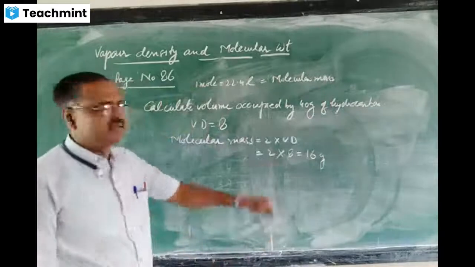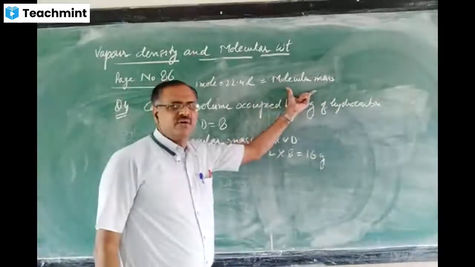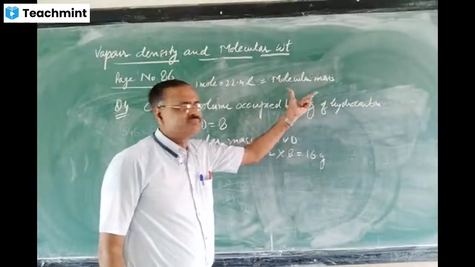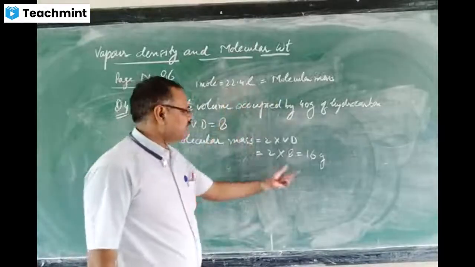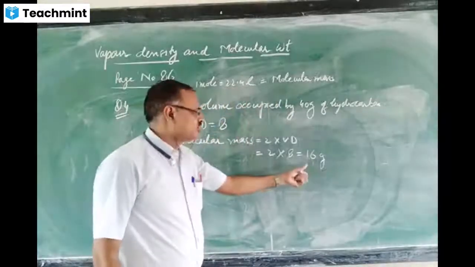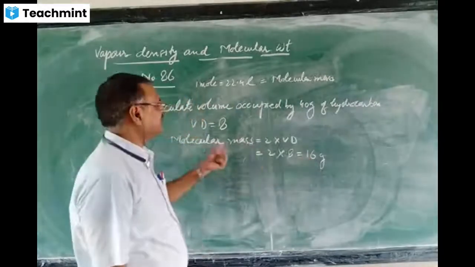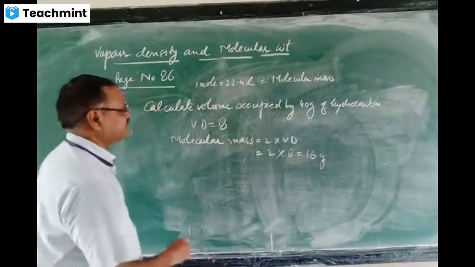Compare the molecular mass of any substance: if you take one molecular mass, its volume will be 22.4 liters. Here the molecular mass is 16, so 16 gram mass of the gas has a volume of 22.4 liters.